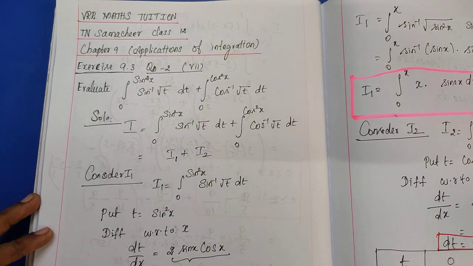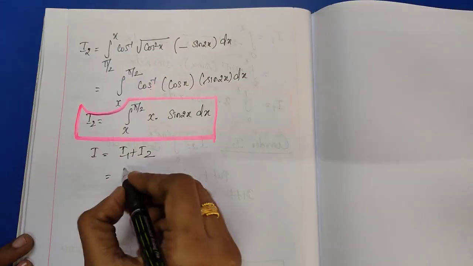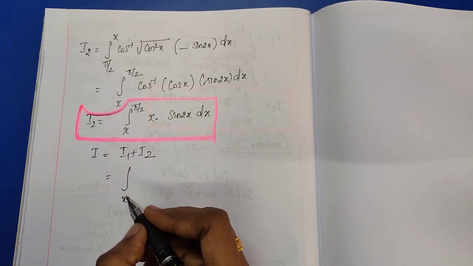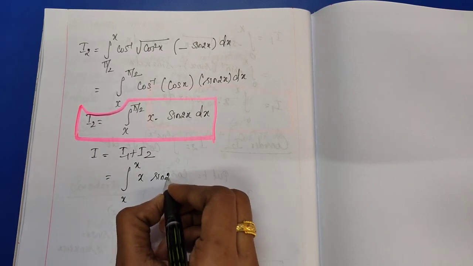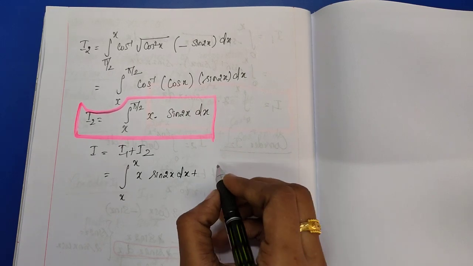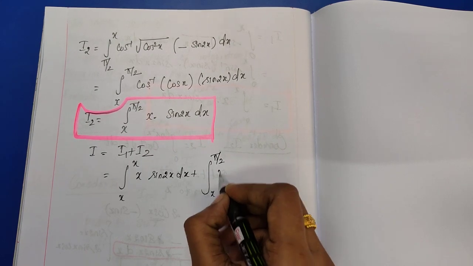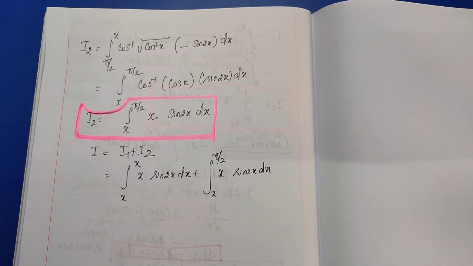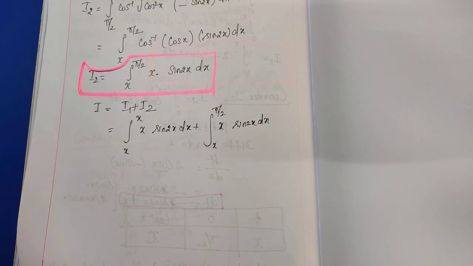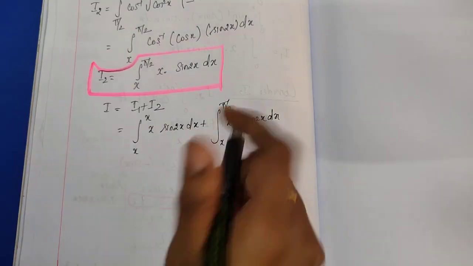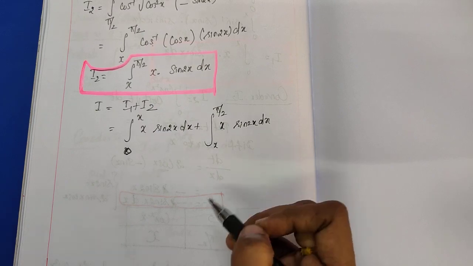Our I1 is the integral from 0 to x of x sin 2x dx, plus our I2 term, which is the integral from x to pi by 2 of x sin 2x dx.